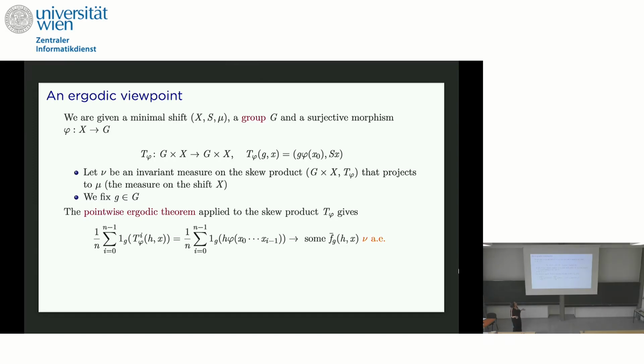We have at least at our disposition the pointwise ergodic theorem that says that if you take almost every element with respect to the measure of the enriched shift, the skew product, ergodic sums converge towards something which depends on some function. Here I took a very particular observable function, the characteristic function of visiting one element of my group. I already have an automaton viewpoint.